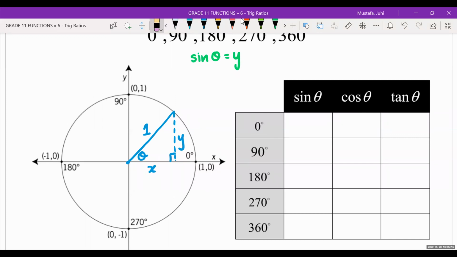Then we can figure out cos theta, which would just be adjacent over hypotenuse. And so that would be x over 1. We don't really need to write the 1, so we're just going to call it x. And then finally, tan theta is opposite over adjacent, so it's going to be y over x.